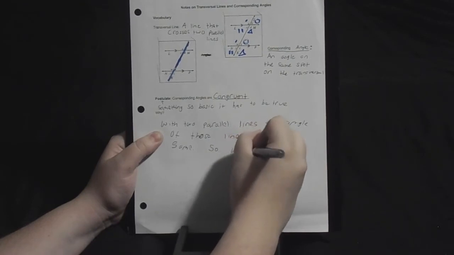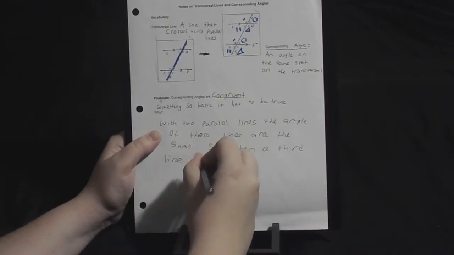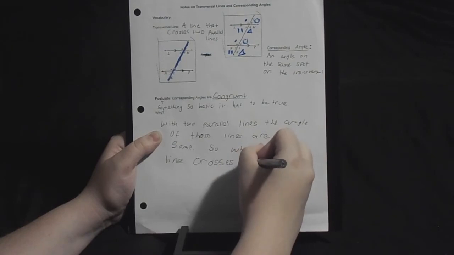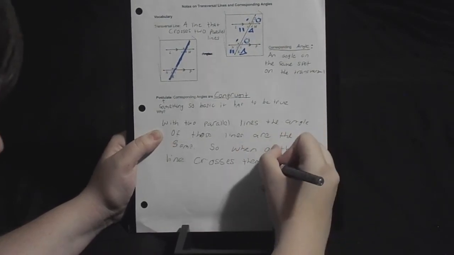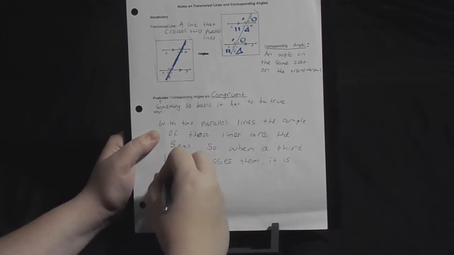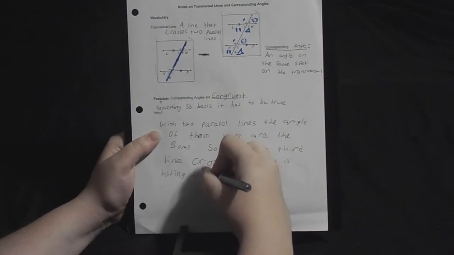So when a third line crosses them, and that's known as the transversal, it is hitting them in the exact same way.